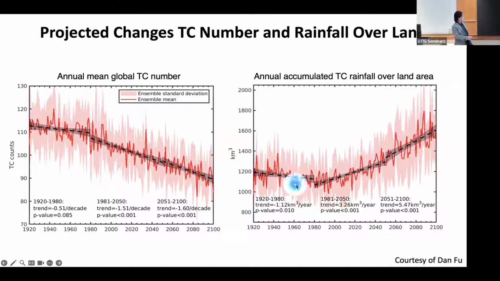But interestingly, if you look at the tropical cyclone-induced rainfall along the coast over the land area, we actually see a significant increase. Which means that even though we're getting fewer tropical cyclones, the tropical cyclone related rainfall is expected to increase quite drastically, right?